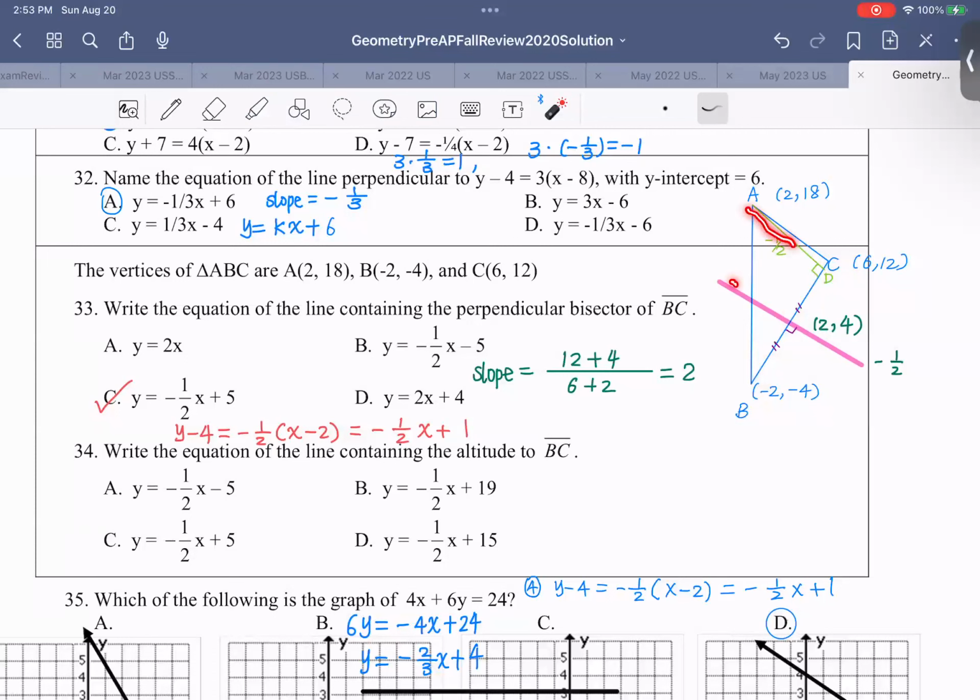This perpendicular line, this altitude, its slope should be the negative reciprocal of this, since both are perpendicular here. You have the slope, and you know it passes this point. Go ahead, point-slope format.